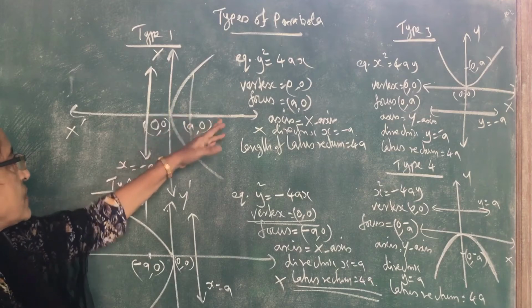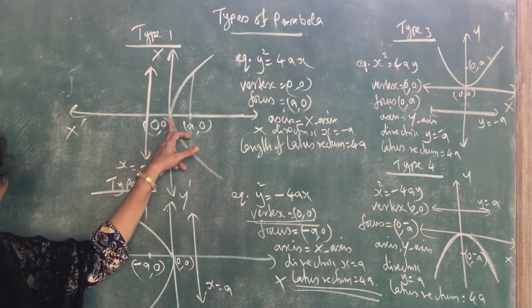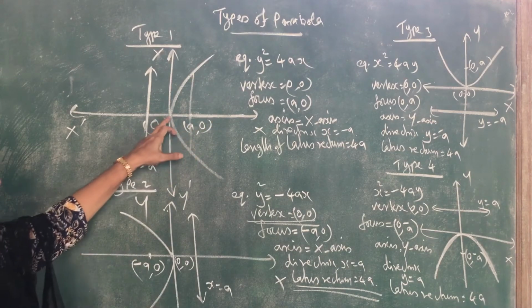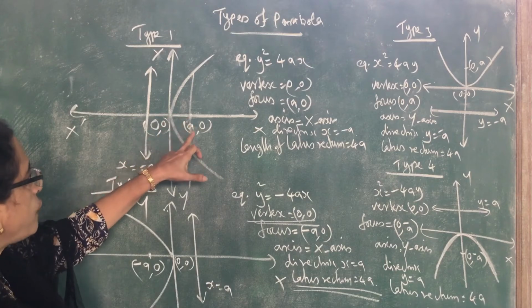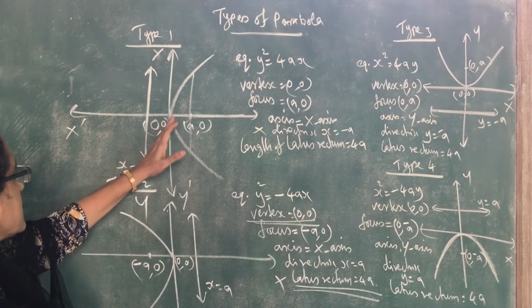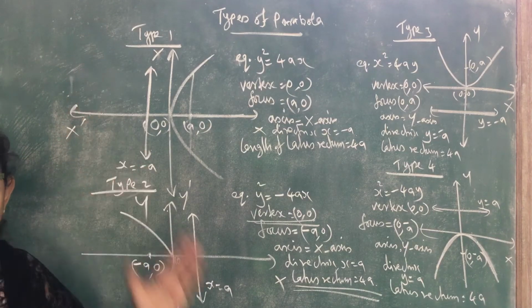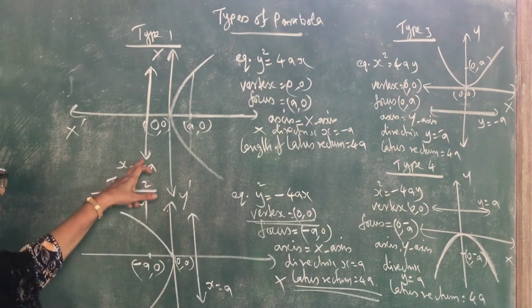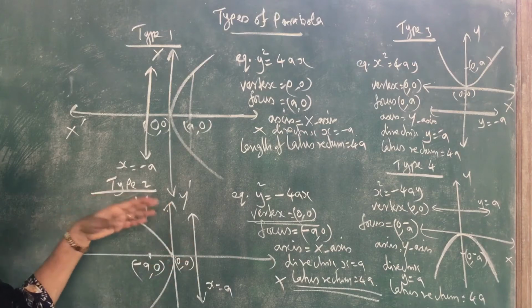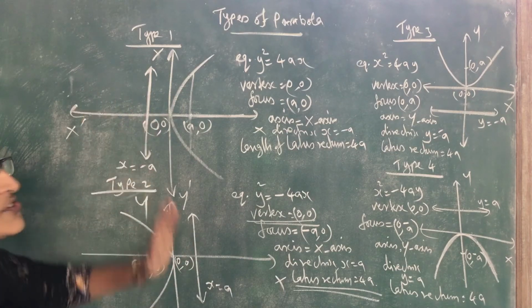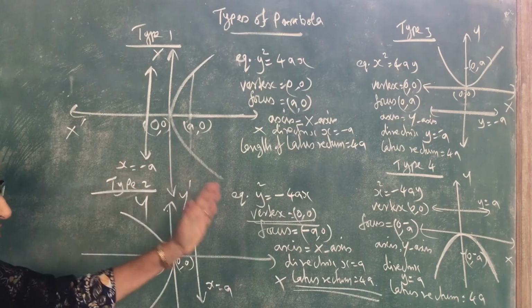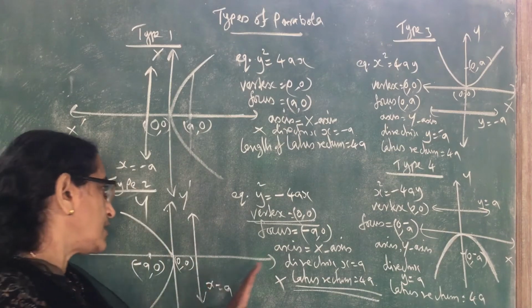The origin is the intersection point of the x-axis and y-axis, so from the origin the distance is a. So the focus is (a, 0). Here this distance is a itself. Because the directrix is a line parallel to the y-axis, its equation is x equal to a constant. That constant is minus a because it is on the negative side, x equal to minus a. So remember these four types of parabola.